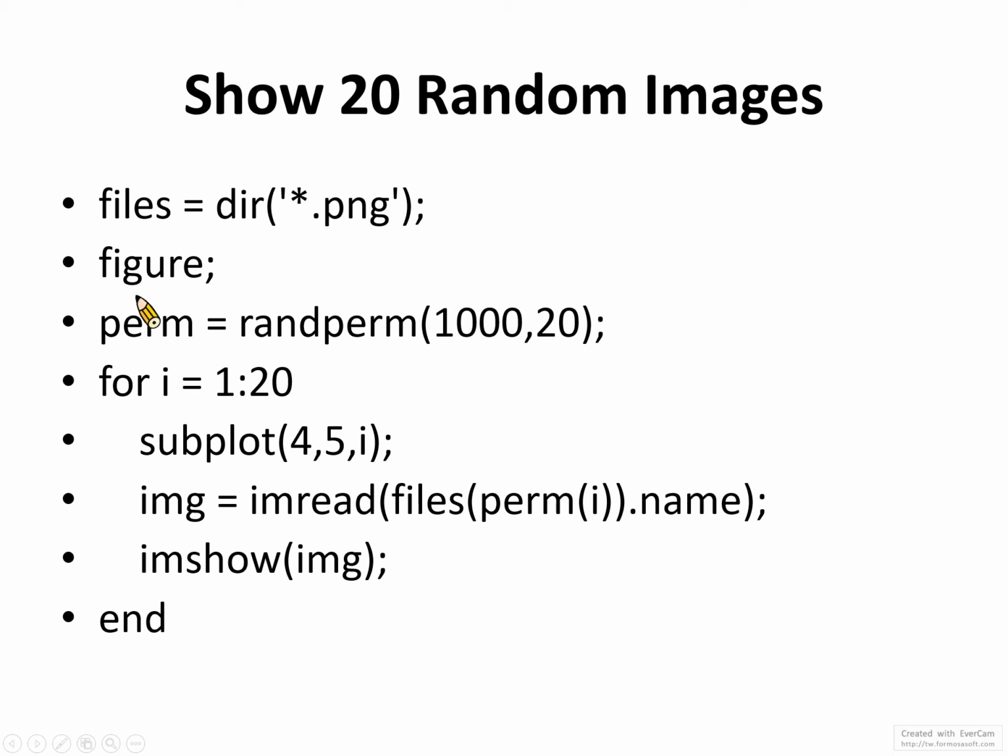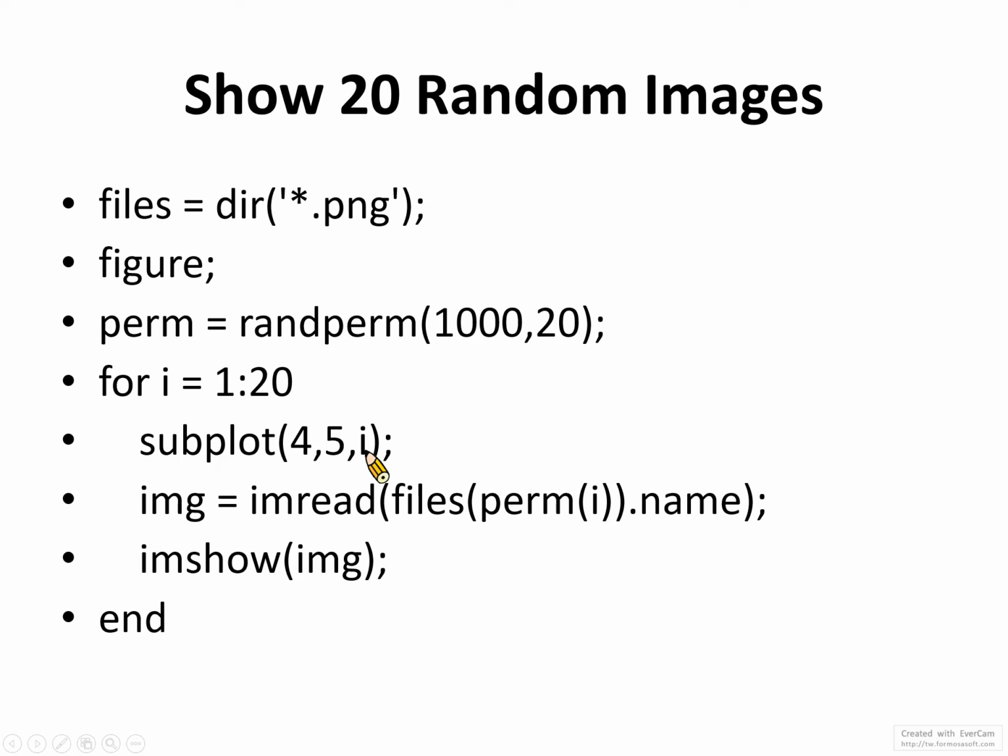Then you create a new figure. You use randperm to identify 20 random integers from 1 to 1,000, because the total number of files is 1,000 and we only want to find 20 of them.